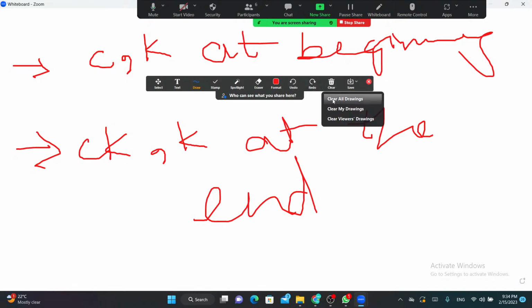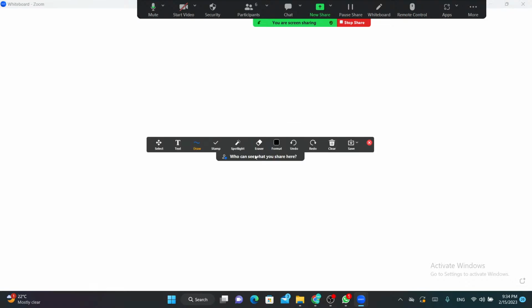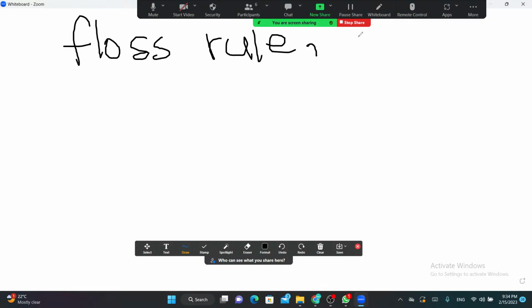Let's keep it here. Another rule that we are supposed to teach in level 2 of Jolly Phonics is the floss rule, or FLSZ rule. Now, what is floss rule?